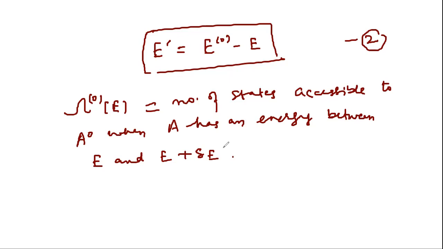So sigma naught of E is now the number of states accessible to combined system A naught when A has an energy between E and E plus delta E. Now the averaging postulate, which is the fundamental postulate, asserts that in equilibrium, A naught must be equally likely to be found in any one of its states. Why so? Because it is isolated, right?